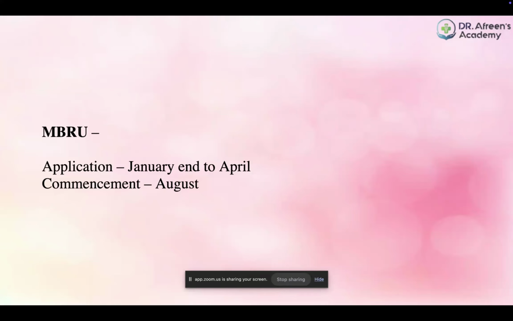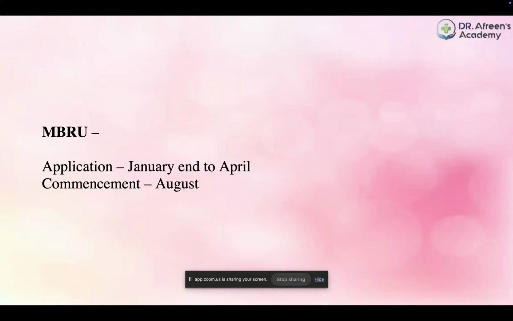And the application starts from January end, which is this month end, to April. Until April, you have the applications open. So MBRU gives you a broad window to apply for the program. However, you need to know that it's very difficult to get matched into MBRU for international medical graduates, because the majority of the seats are open only for locals, UAE nationals, and UAE graduates.